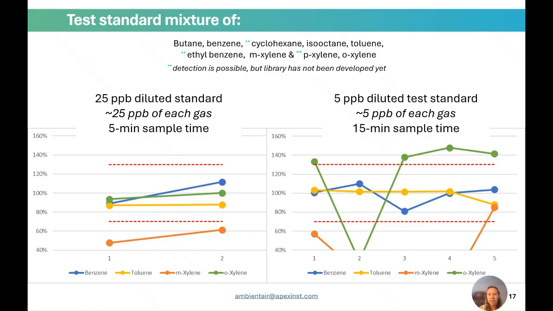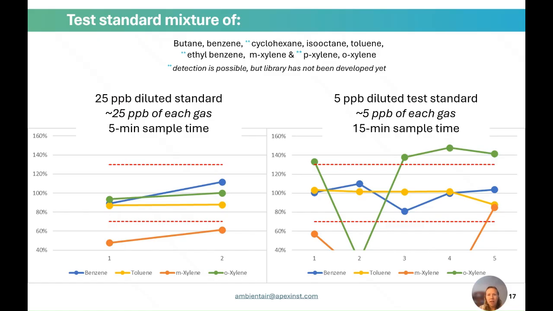We see that our VOC analyzer is able to perform quite well and very accurately speciate benzene, toluene, O-xylene from the complex mixture. The standard mixture listed M and P xylene as a combined item, indicating that the diluted mixture contained approximately 12.5 parts per billion of M and P xylene.